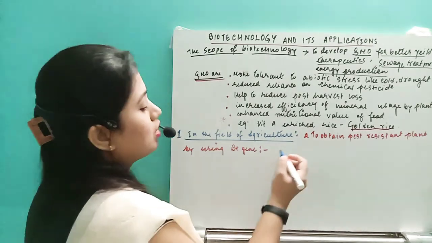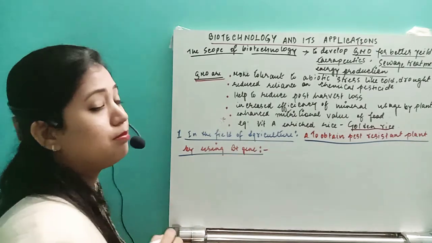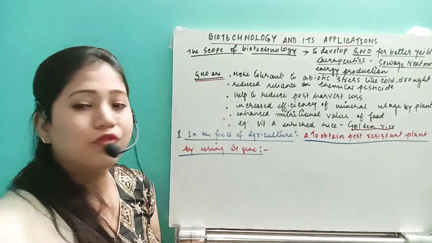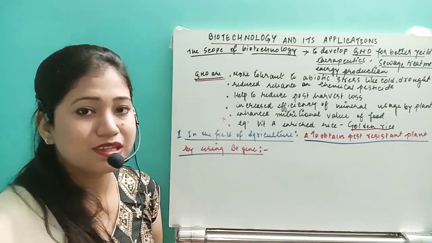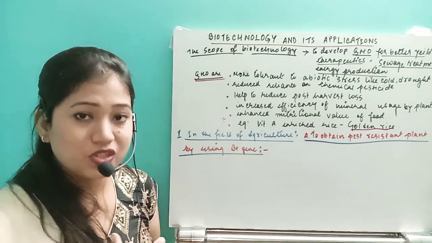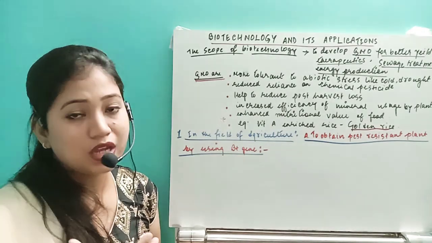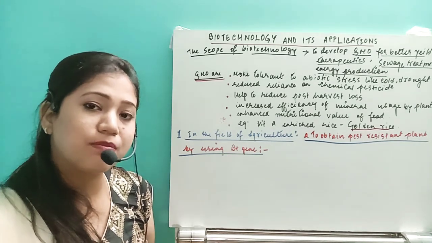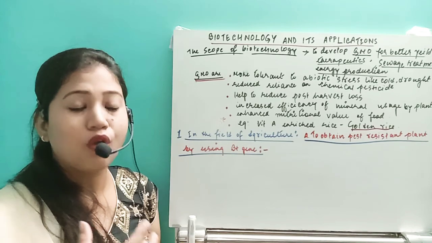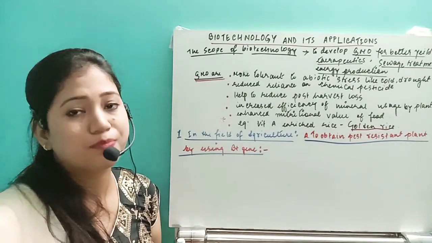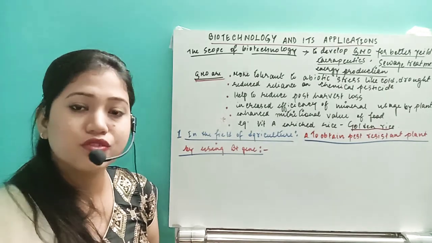So first of all, this is to obtain a pest resistant plant by using Bt gene. This is very important. That means without the use of any type of pesticides or insecticides, we can make the plant pest resistant, so that we should not give any type of pesticides on that plant, and the plant will grow without the use of any pesticides, and it can also kill the pest.